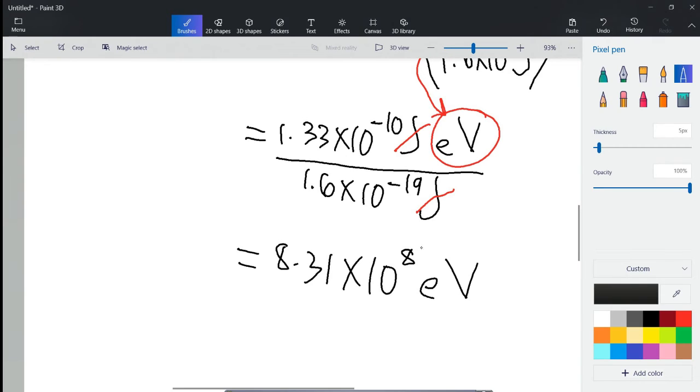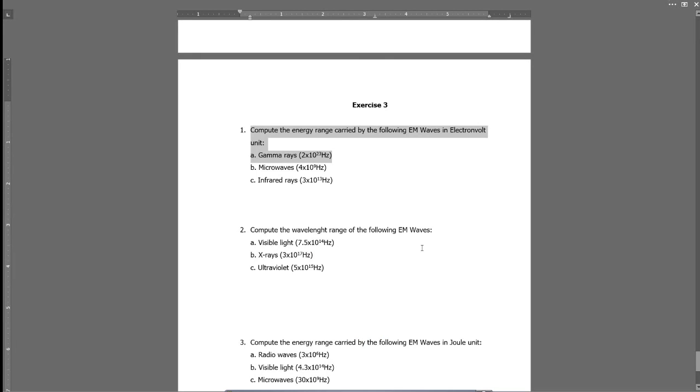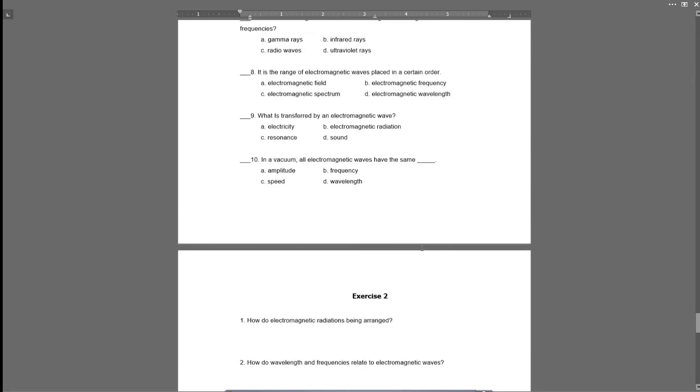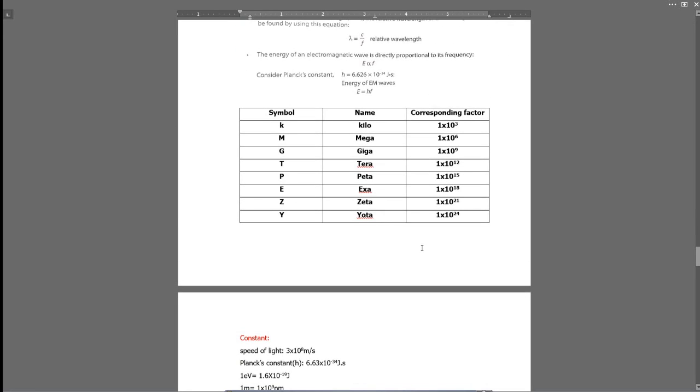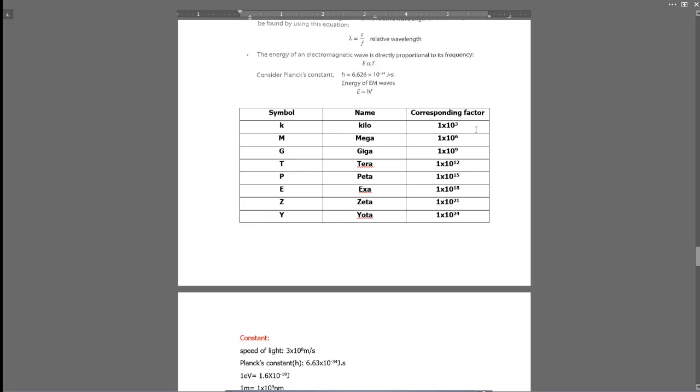And we have the result 8.31, so equal to 8.31 times 10 to the power of 8 electron volts.